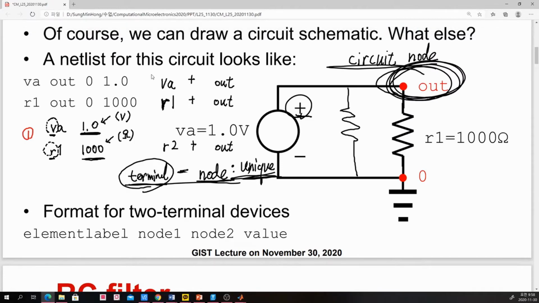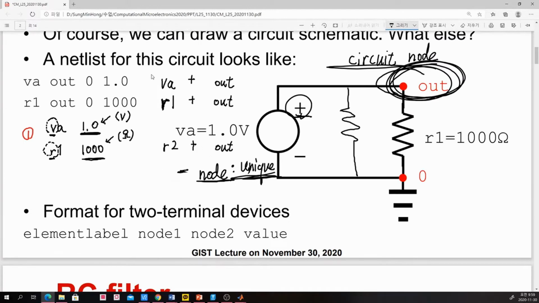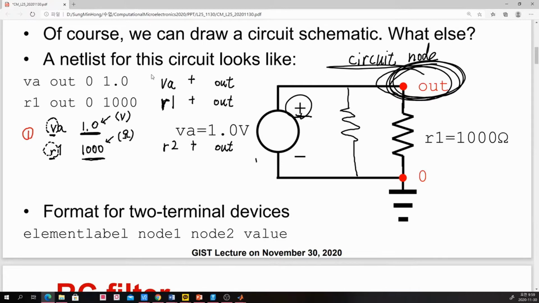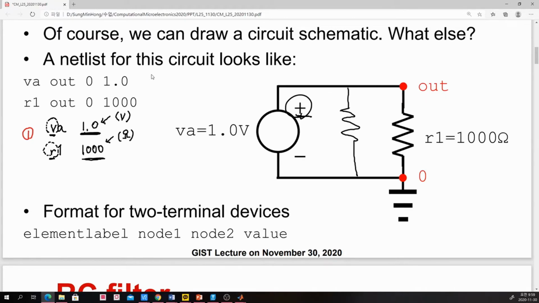So you don't have to worry about the entire connectivity. Just specify what happens to my positive terminal and negative terminal. That's all. I think that sounds quite obvious, but that is a really big difference between my original suggestion and this terminal node-wise description about connectivity.